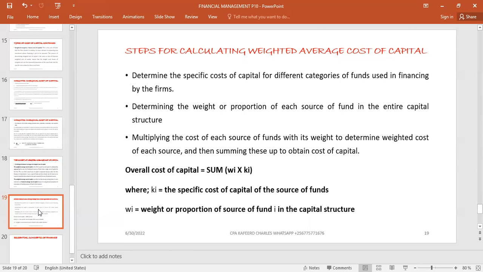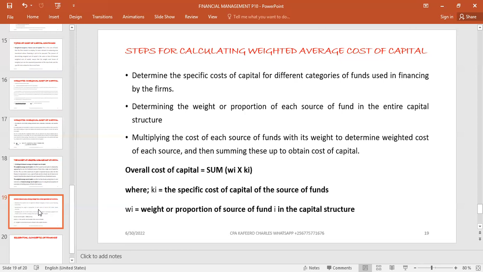That total pool was 100 million. If the debt was 50 million, then it will be 50 over 100 million, multiplied by 100, and the answer we get will be used as our weights.